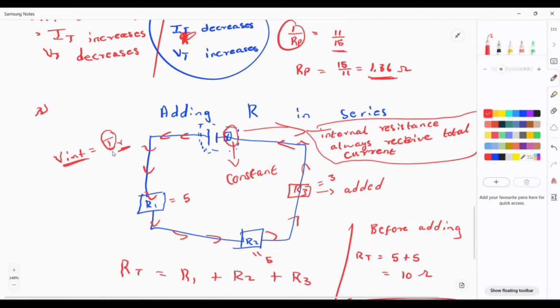Now we're talking about mathematics. I can only manipulate the internal voltage and the current, the total current. So what do I mean?